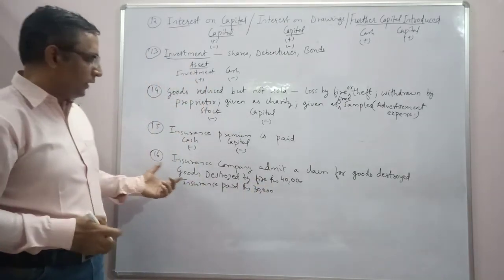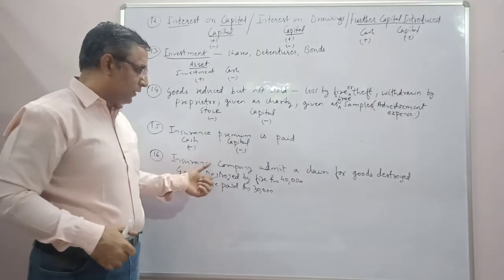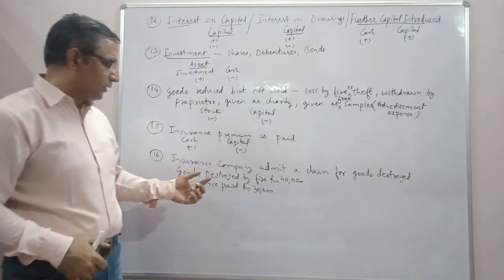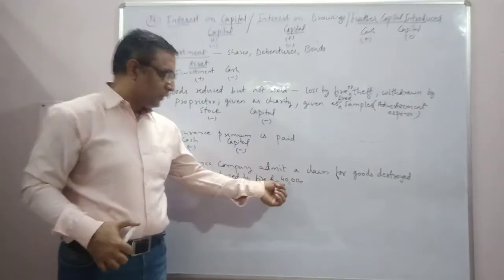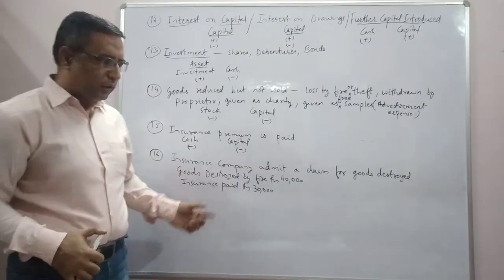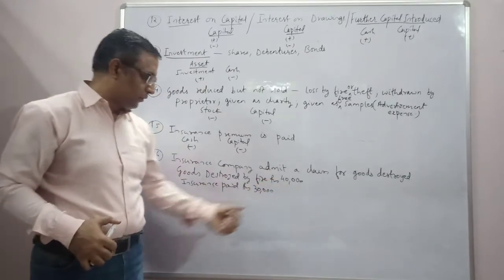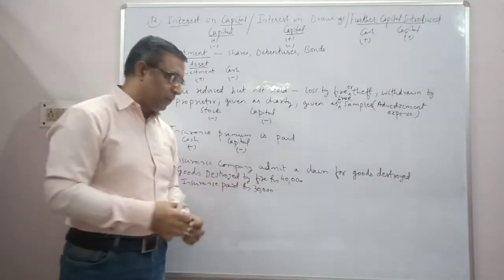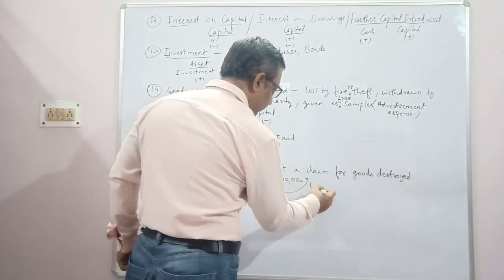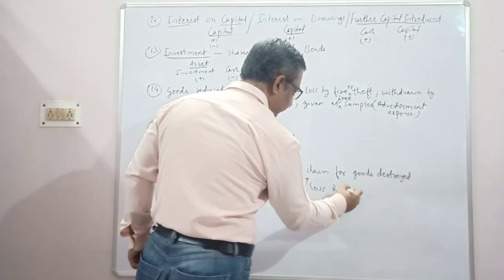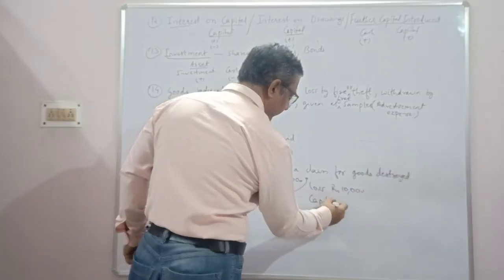You see, students, when we insure our goods, the insurance company is never going to pay us more than the loss. It always admits a claim which is less than the amount of the loss. So goods destroyed is 40,000 rupees, insurance paid is 30,000, so there is a loss of 10,000. Capital is going to reduce by 10,000.